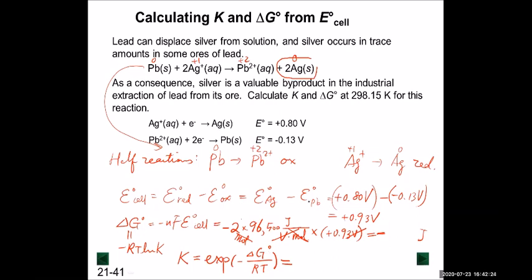Oftentimes, the energy discussed in chemistry is given as kilojoule. When you use this equation, make sure you use joule to divide by R and divide by the absolute temperature, Kelvin temperature. And for the final answer, the sig figs depend on how many decimal places are in your exponent.